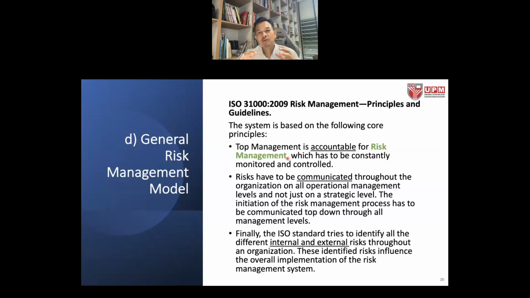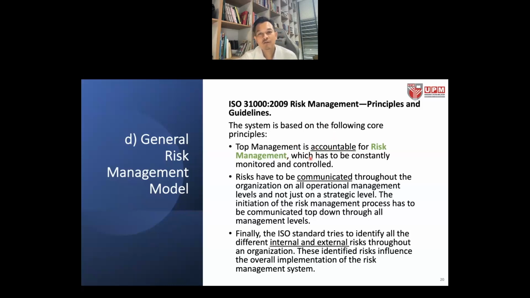Top management means the CEO, the president, or the chairman of the company. They have to be involved. It's not just being informed, they have to get their hands dirty, or have the knowledge as well as the involvement in risk management, because they are going to be the accountable persons.